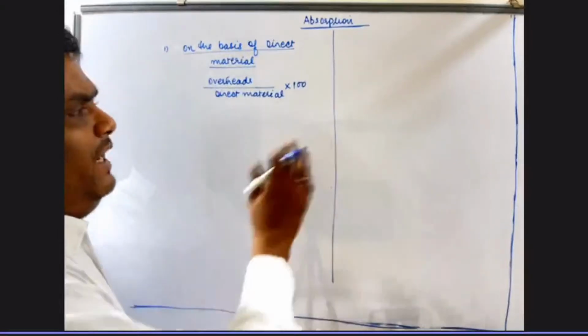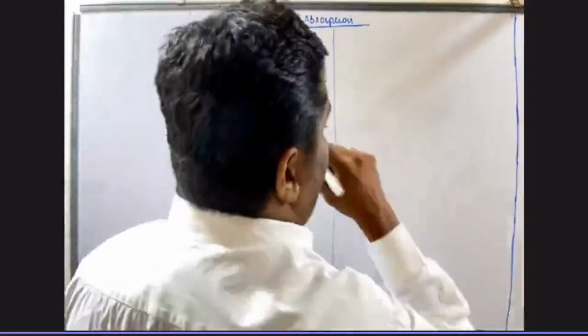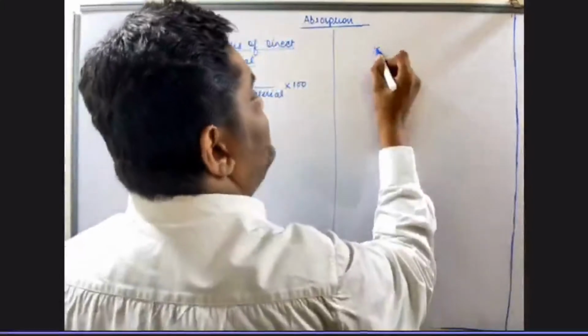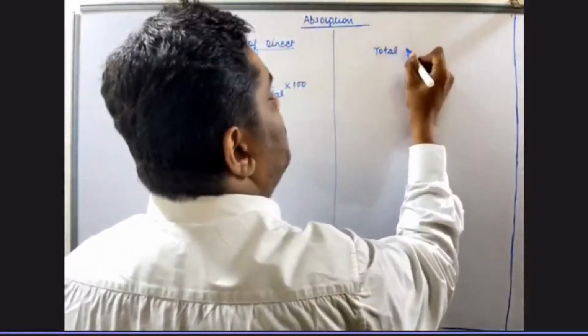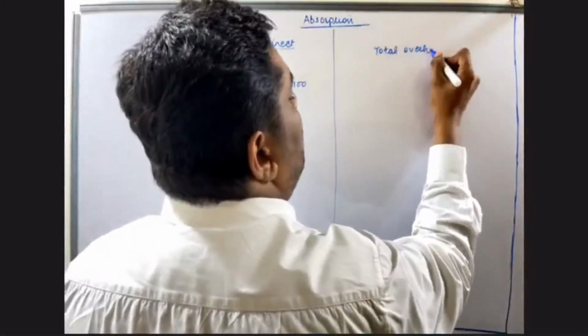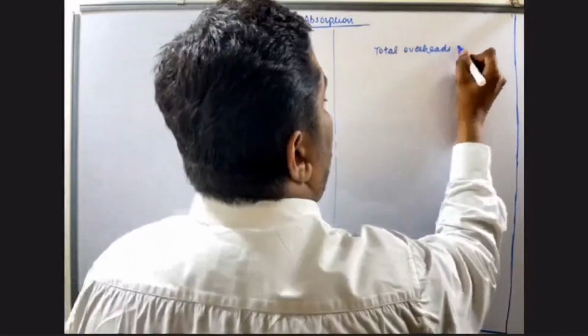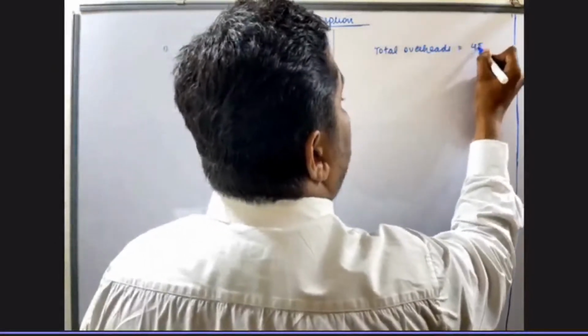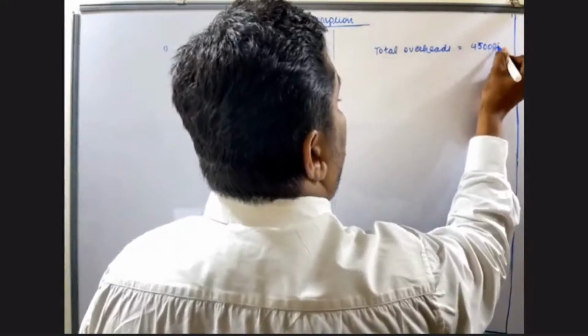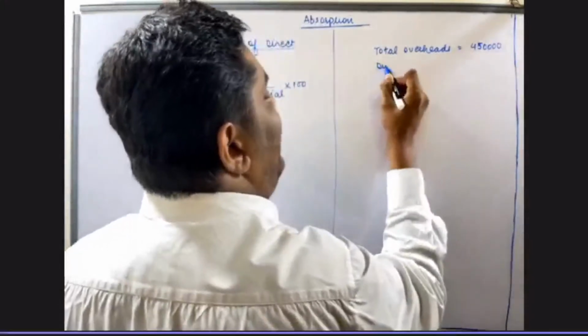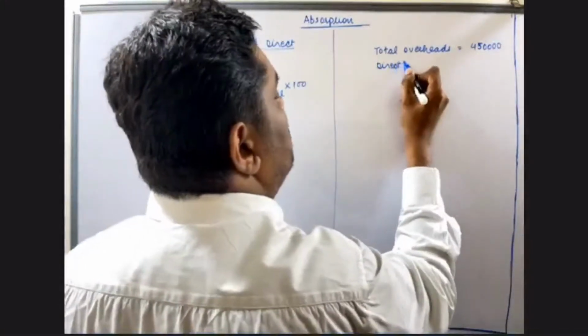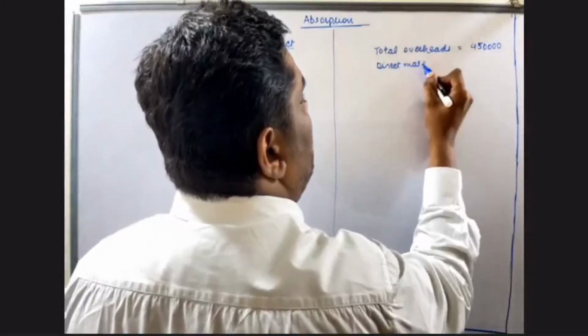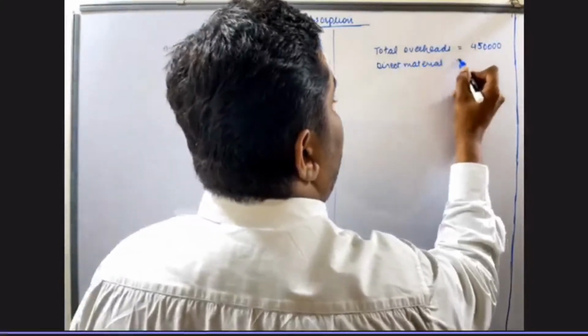Let me discuss this with the help of an example. Let's say my total overheads are 4,50,000 and my direct material cost is, let's say, 9 lakh rupees.